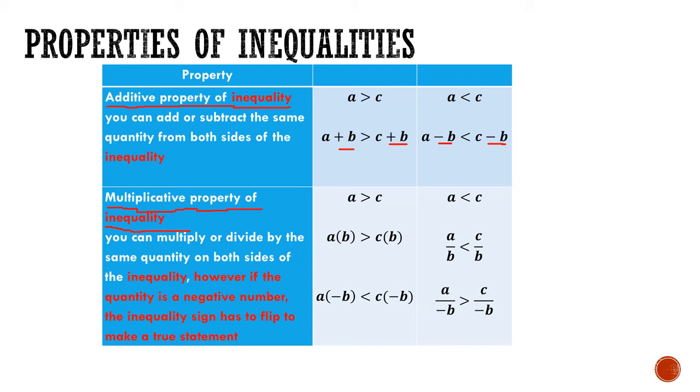Again, this property is similar to the multiplicative property of equalities. The only difference between them is that for the multiplicative property of inequality, every single time we have to multiply or divide by a negative number on both sides of the inequality, we need to flip the sign of the inequality to make a true statement.